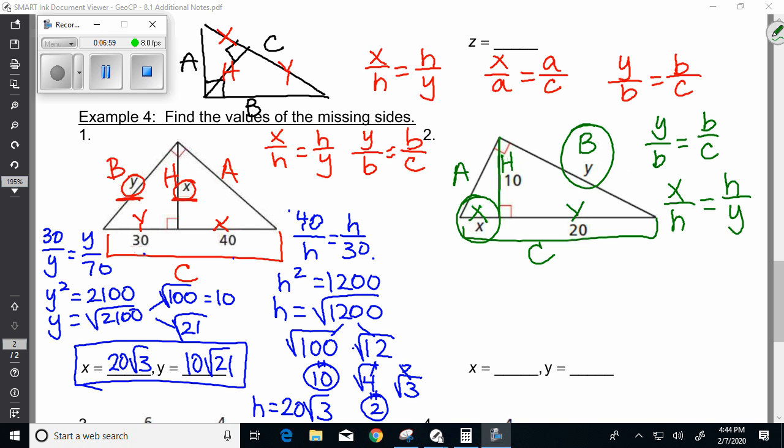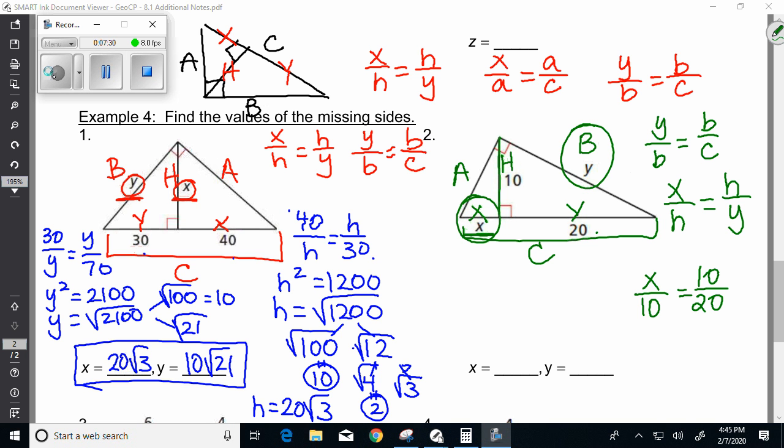So again, you can pick and choose how you go about solving it first. However, if you look at the problem carefully enough, you'll realize that it's probably easier to find out what X is first. So we're going to go ahead and find out what X is equal to. So using that formula, we have X over the H value, which is 10, equals 10 over Y, which is 20.